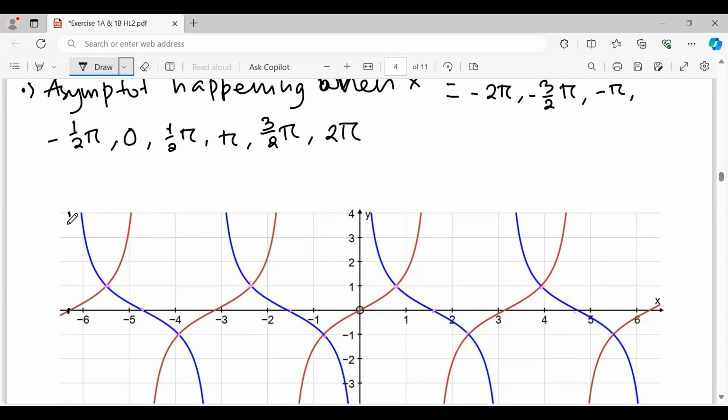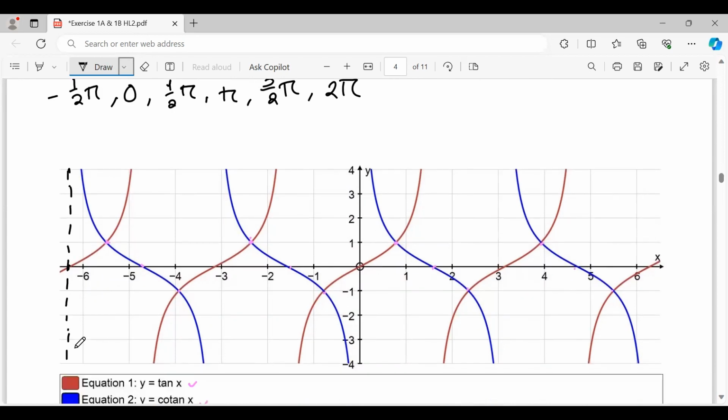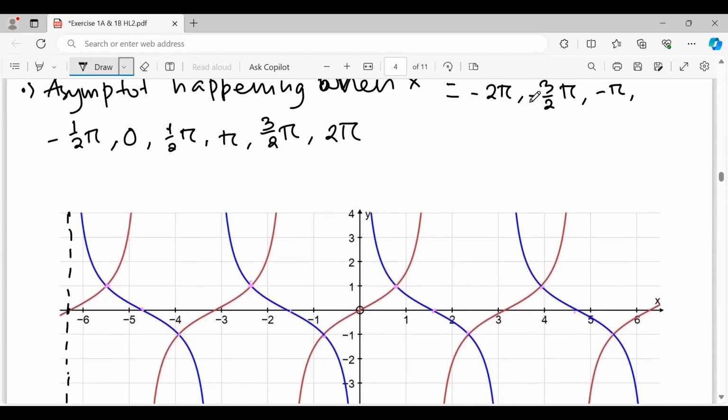So we create a straight line as the asymptote. Secondly, minus 3 half pi. So this is minus 2 pi, and this is minus pi.